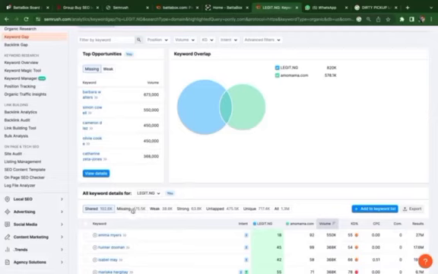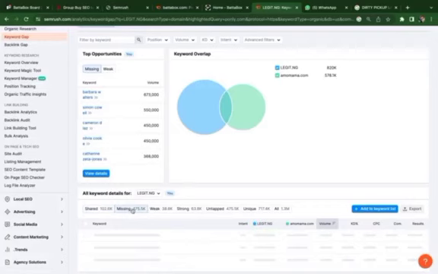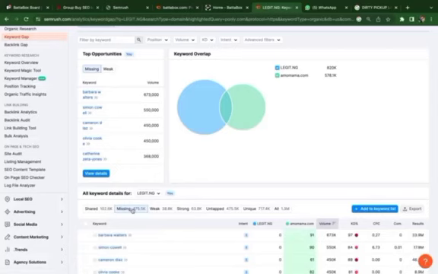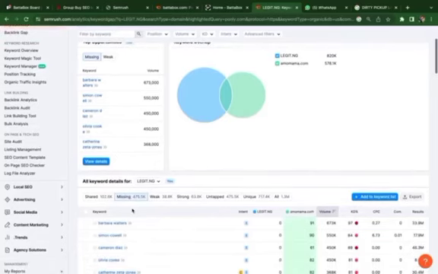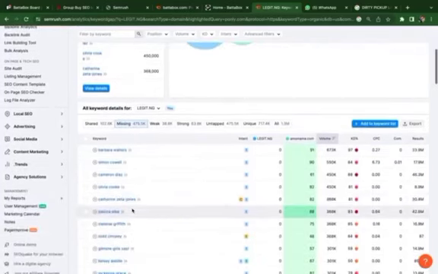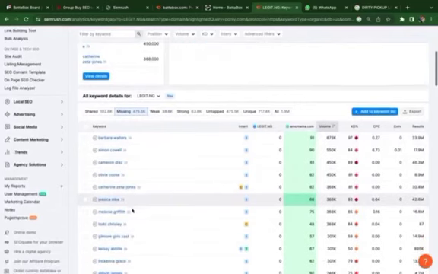Okay, so let's click on the missing tab so that you would get a proper understanding of what I am talking about. This is a strategy I've repeatedly used that has generated me a lot of traffic. If it didn't work, I wouldn't be keen on talking to you about it.